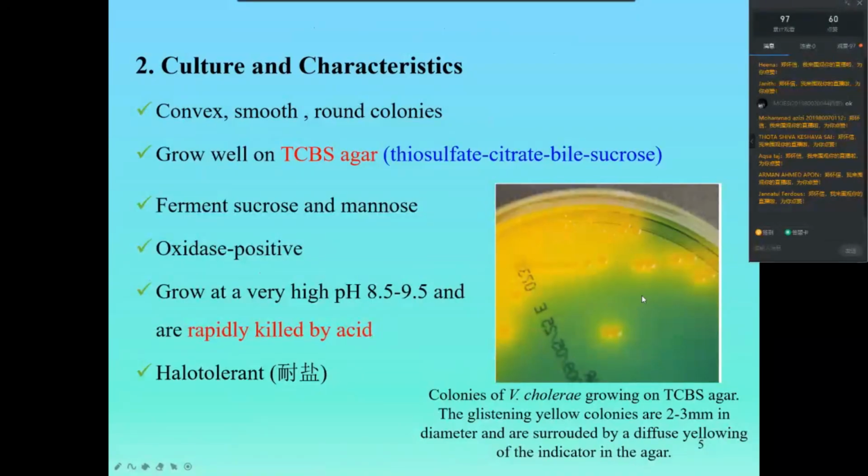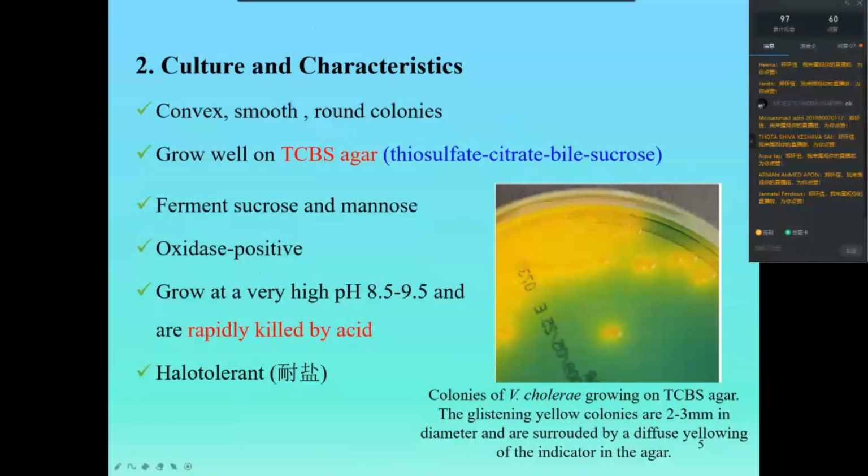The agar itself shows a greenish color, but when Vibrio cholerae grows on it, it shows a golden yellow color, and that golden material can diffuse into the agar. So this is a typical medium. TCBS is short for thiosulfate, citrate, bile, sucrose. That means this agar contains these four different materials.